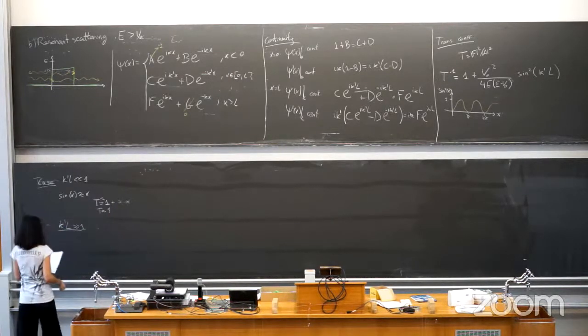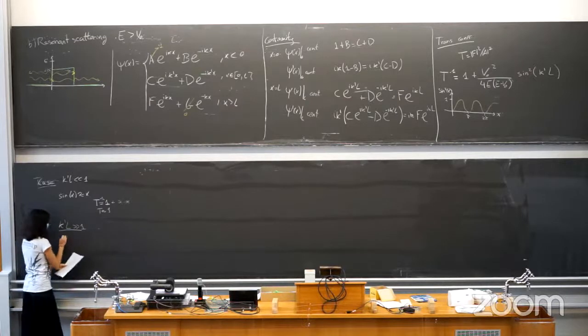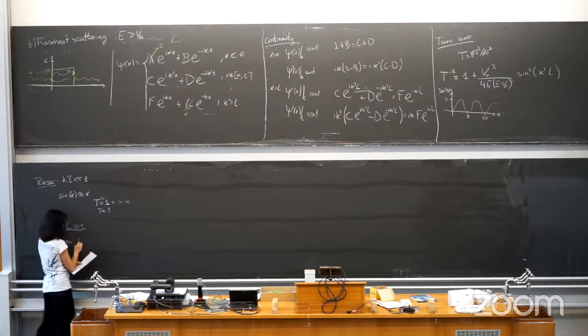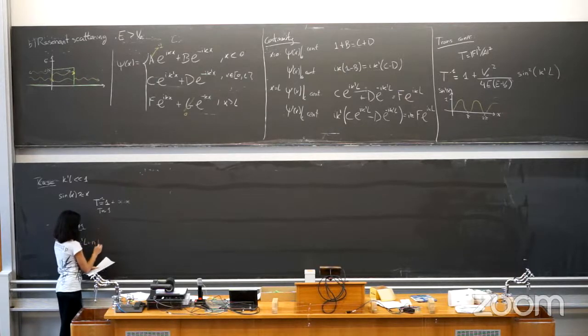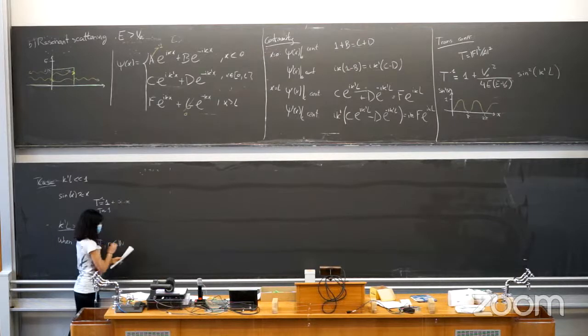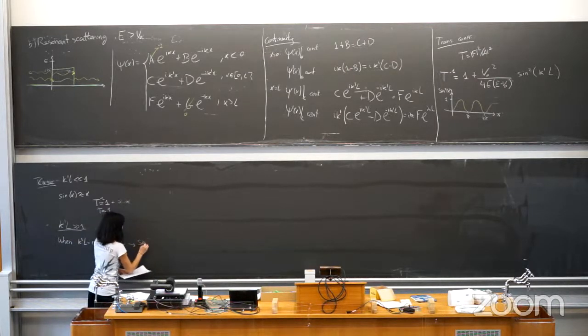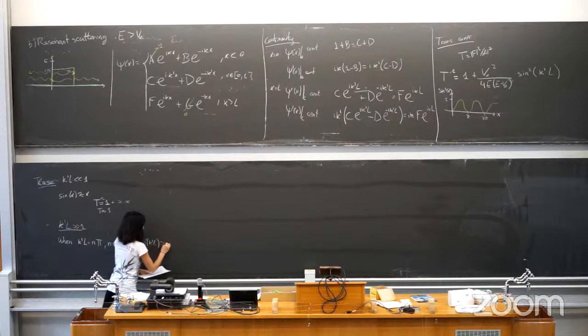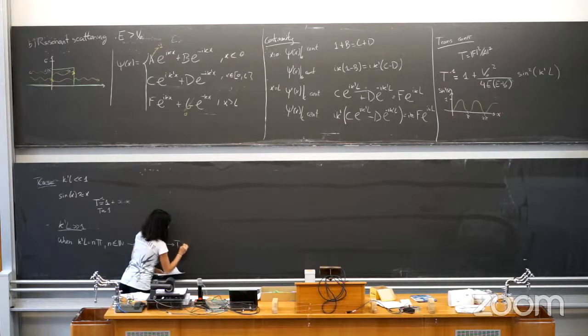So when theta equals n pi, then sine square of k prime L is 0, so t is 1. Okay.